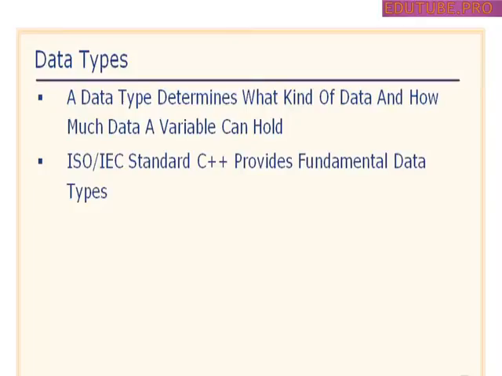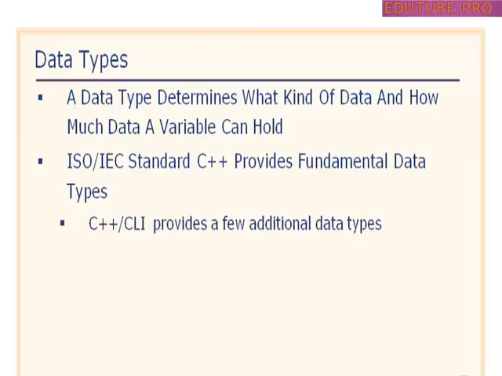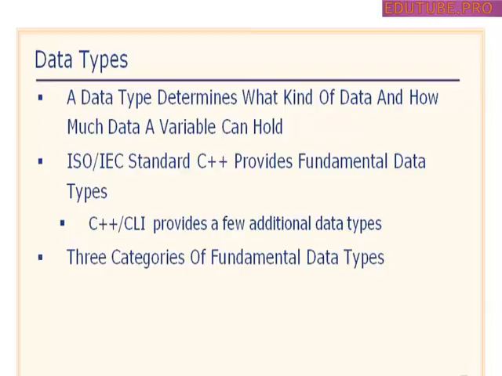Well, understand now that in C++, the ISO IEC standard C++ provides fundamental data types, and then when you jump over into the CLI world, or the Bill Gates world if you will, there are a few additional data types. Okay, I'm going to concentrate in this two-part video on the ISO IEC standard types. Now there are 3 categories of fundamental data types in ISO IEC, and let's look at those here.